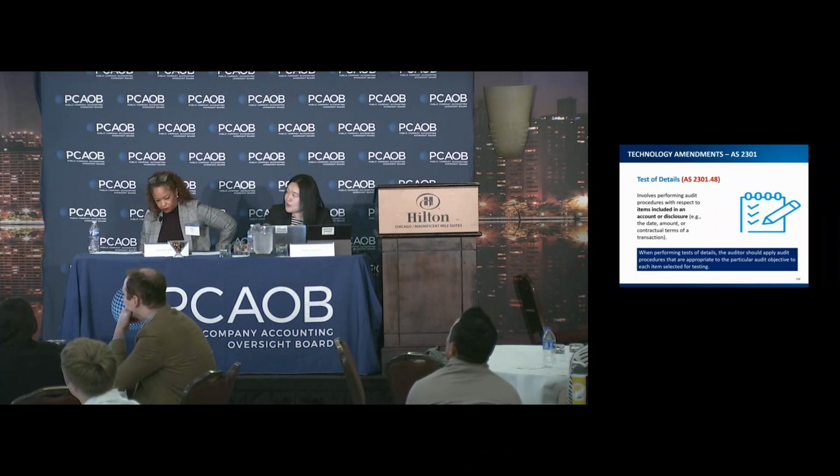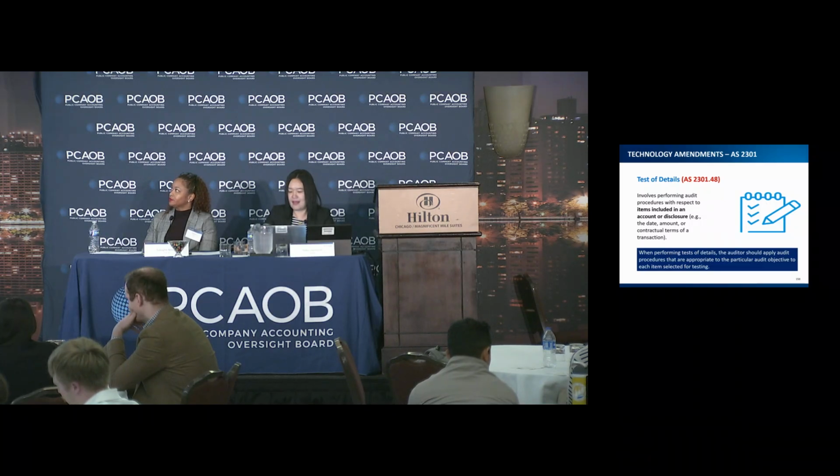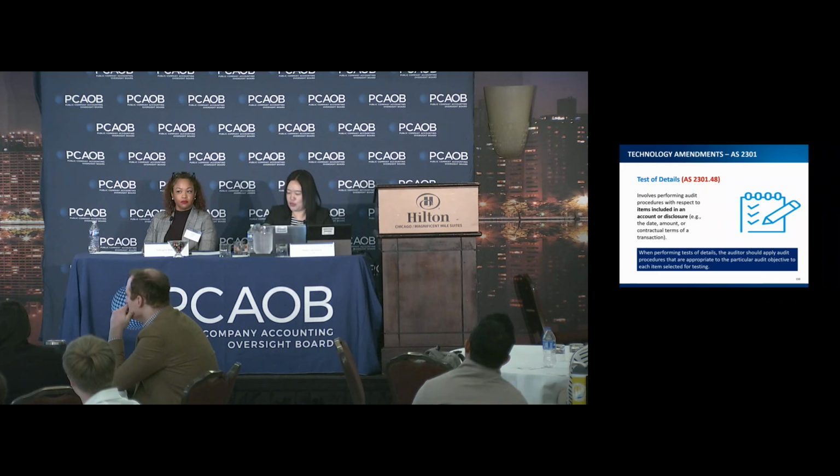So let's look at the first paragraph in this section. As shown on this slide, paragraph 48 of AS 2301 states that tests of details involve performing audit procedures with respect to items included in an account or disclosure.